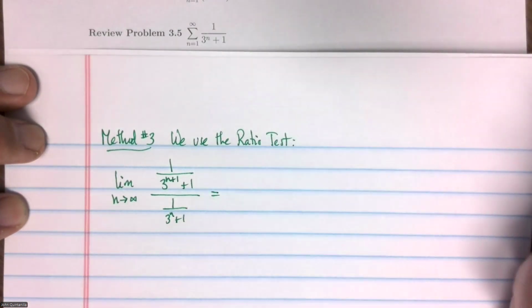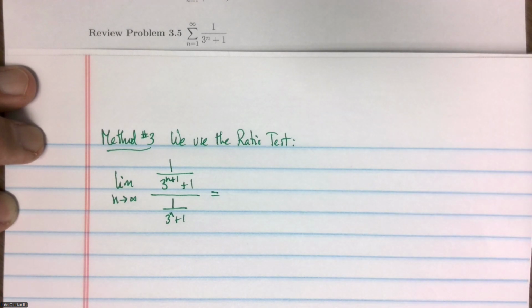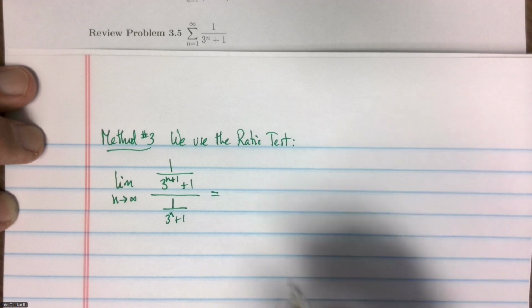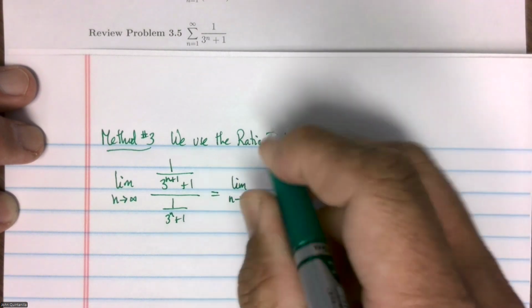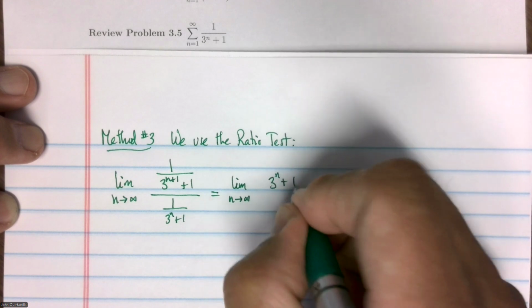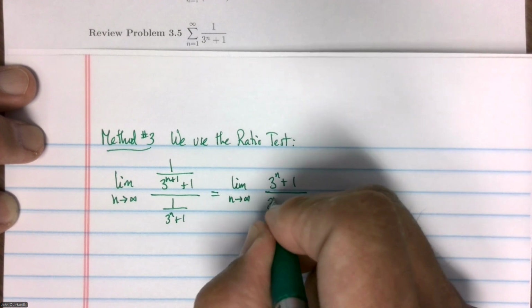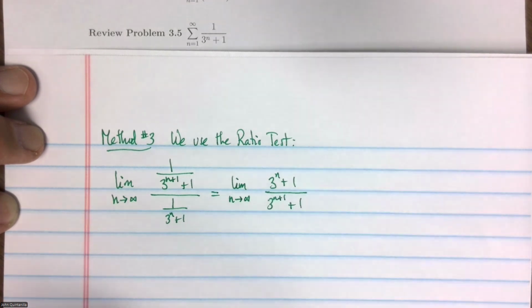Okay, now we know that this converges, and so we're fully expecting to get an answer that's somewhere between 0 and 1. So the limit as n goes to infinity of 3 to the n plus 1 over 3 to the n plus 1 plus 1.